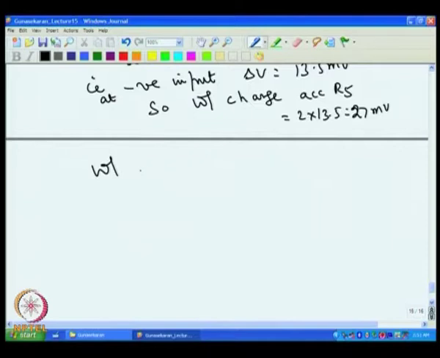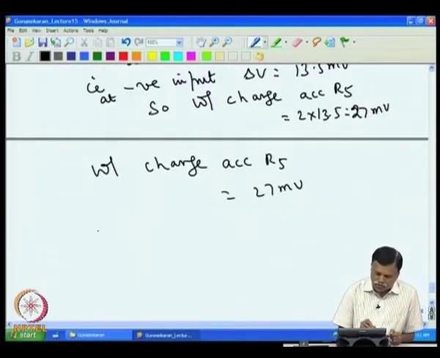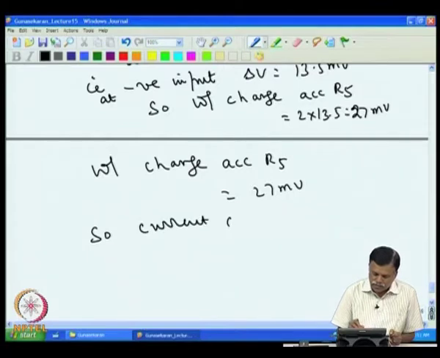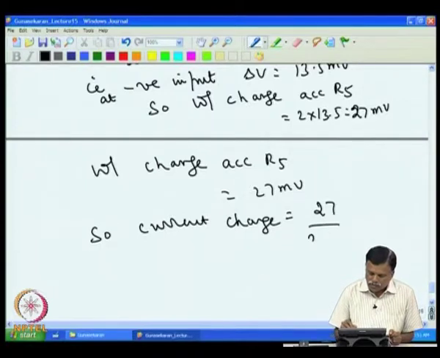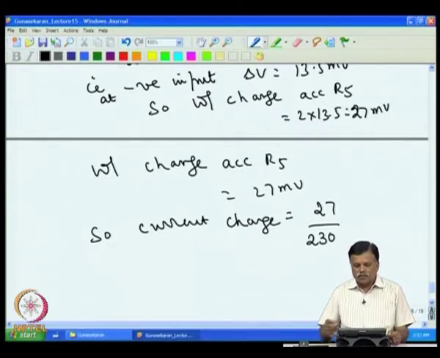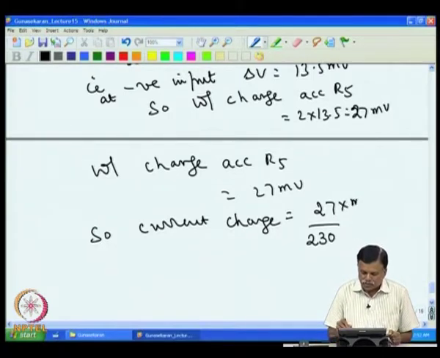So delta current change is equal to 27 millivolt divided by 230 ohms.